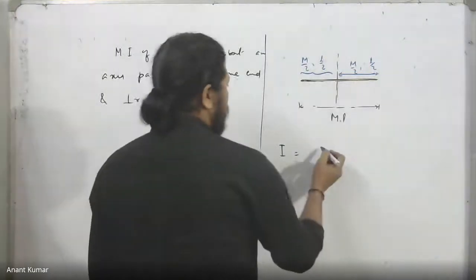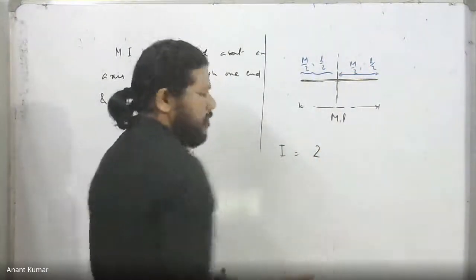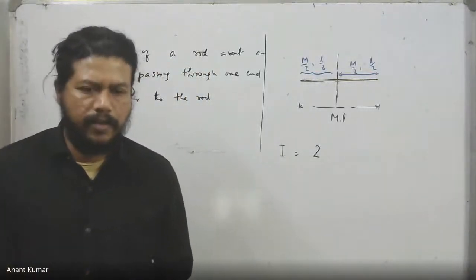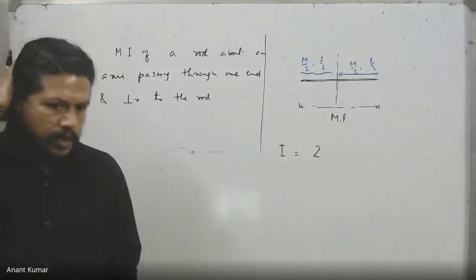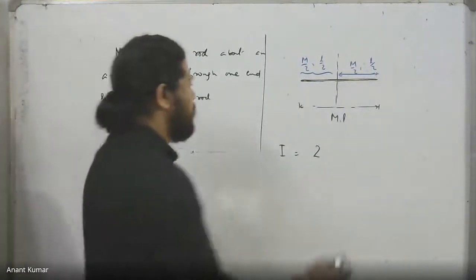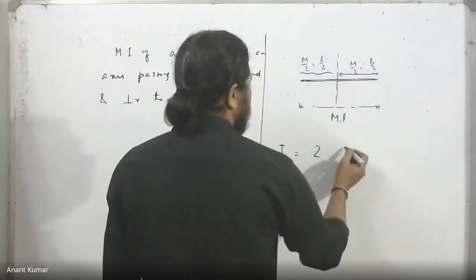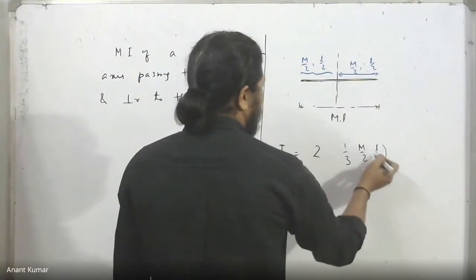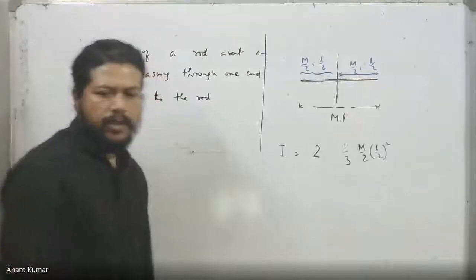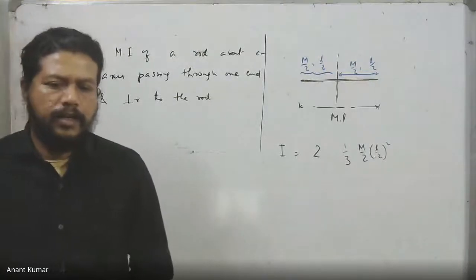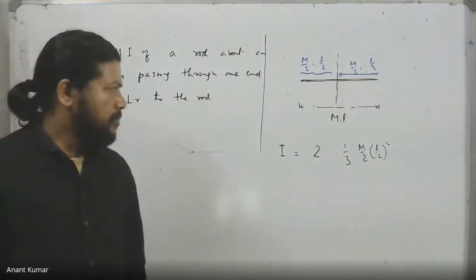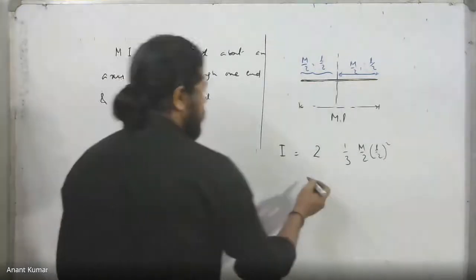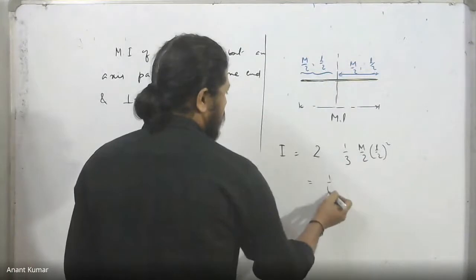This will double, because it will be the same for both the rods. They're identical, and the axis passes through the end, which implies we could add the moments of inertia, and so we end up getting twice 1/3 into m/2 into l/2 square. We apply 1/3 ml square, but in this case use the mass as m/2 and the length as l/2. That will give us 1/12 ml square.